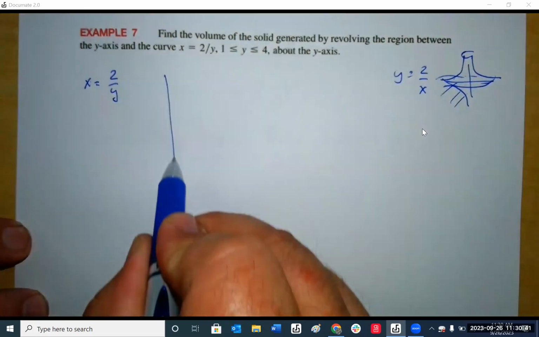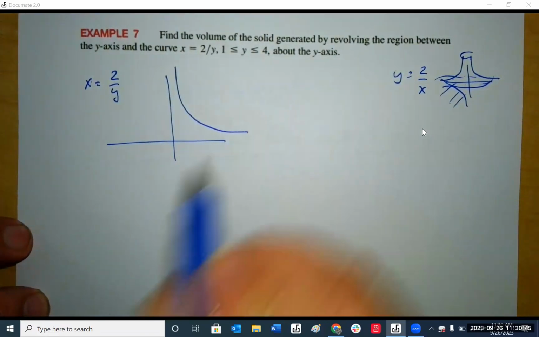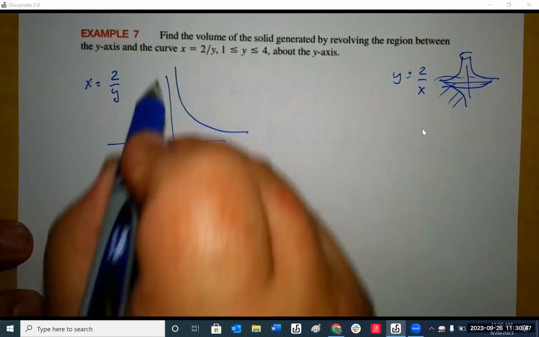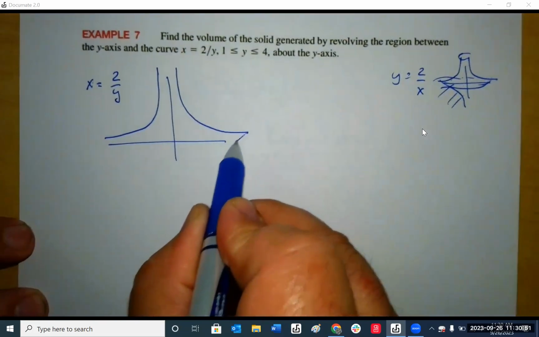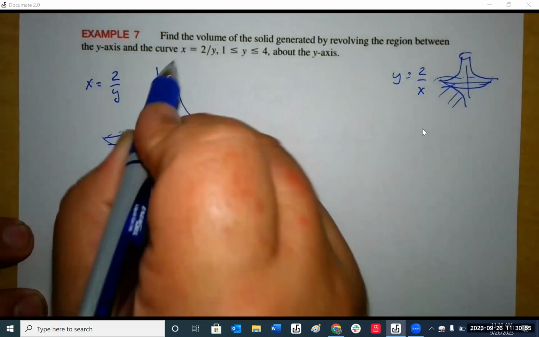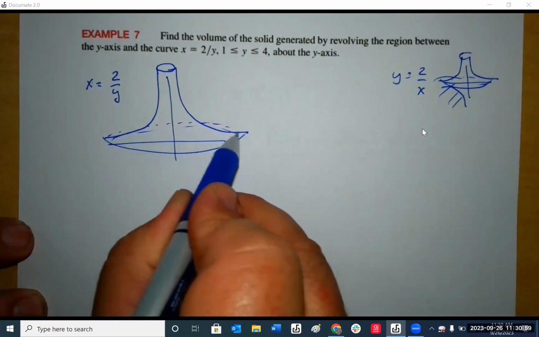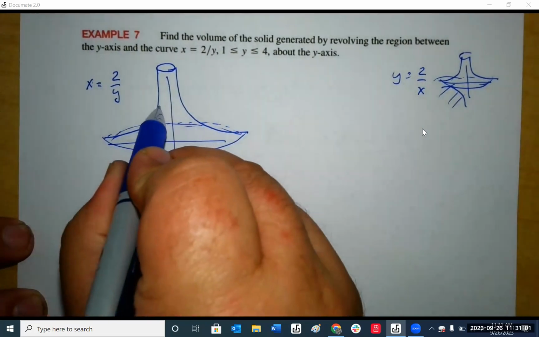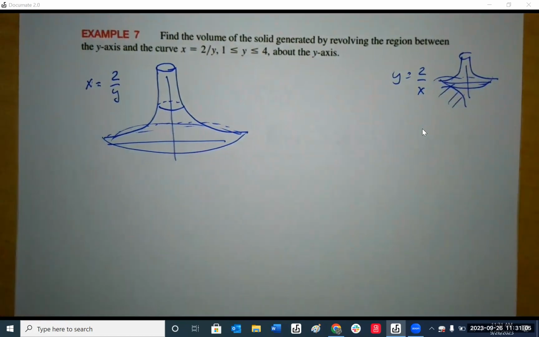So our graph looks like this, rotated about the y-axis. That's what we're looking at.